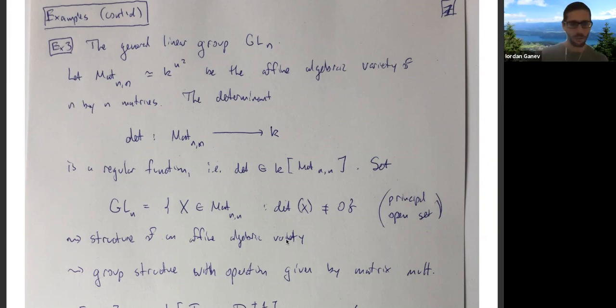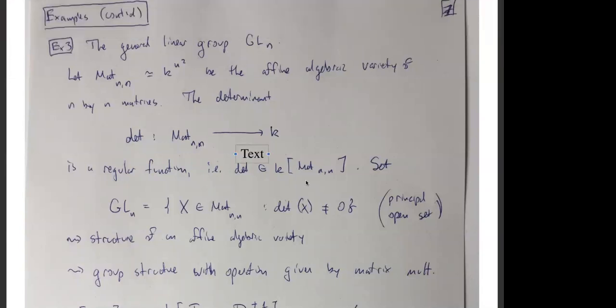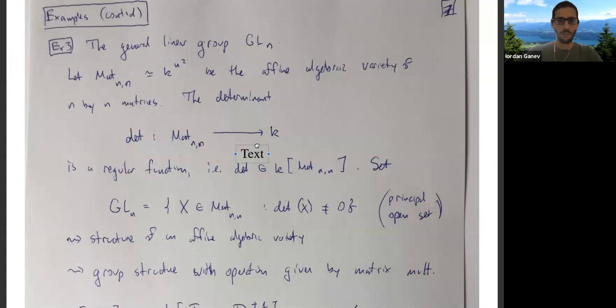No takers? Okay, so the way we do it is we do a similar sort of trick to what we did with GM. By the way, GM is just GL1.